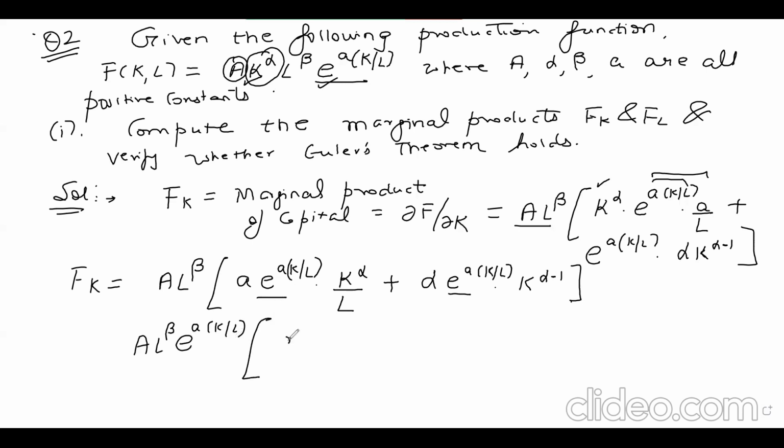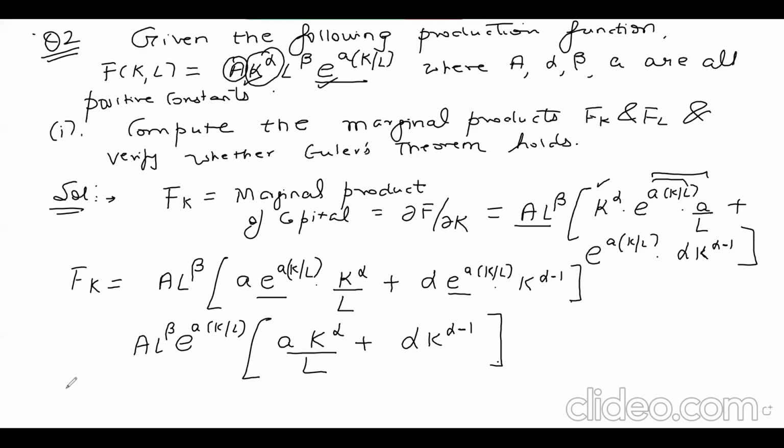Inside the bracket, I get A K to the power alpha by L, plus alpha K to the power alpha minus 1. This is what I get when I take e to the power AK by L as common. So I hope students are clear till here.